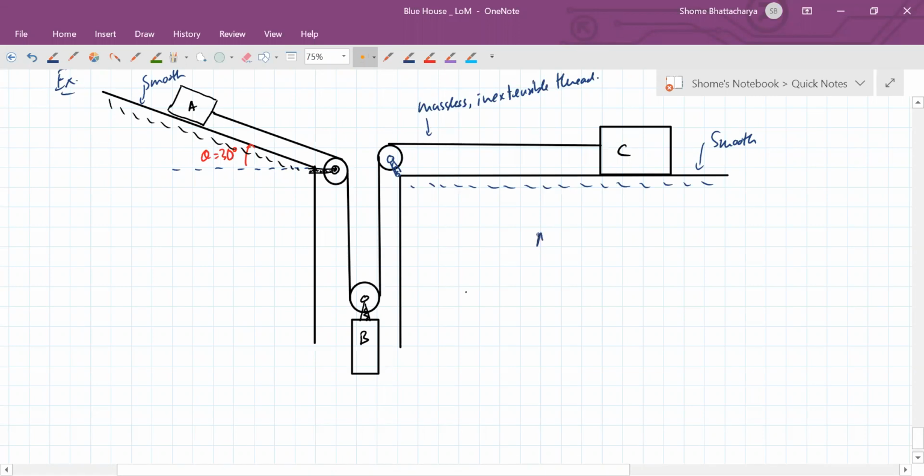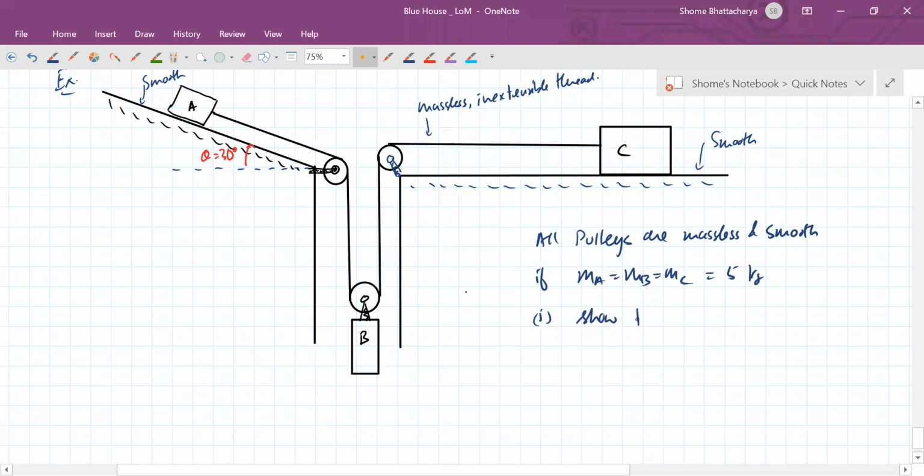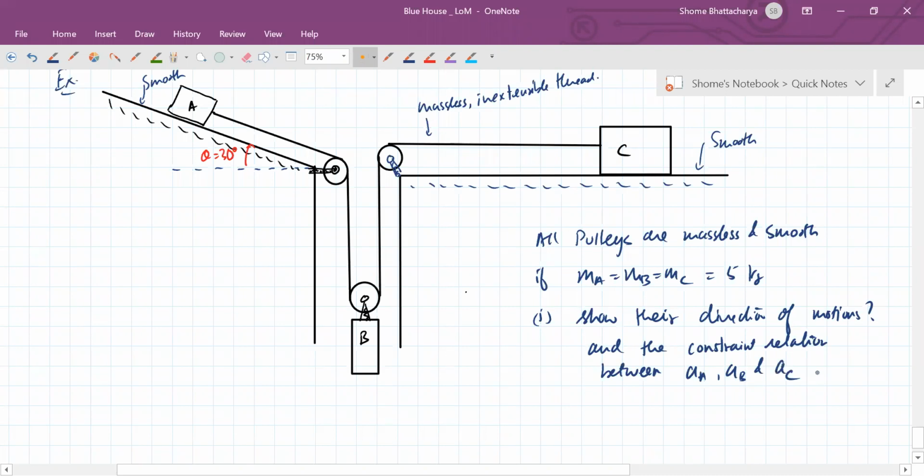Okay. All pulleys are also massless and smooth. So if the mass of all three blocks is the same, show their direction of motions, and the constraint relation between the magnitude of A's acceleration, the magnitude of B's acceleration, and the magnitude of C's acceleration.